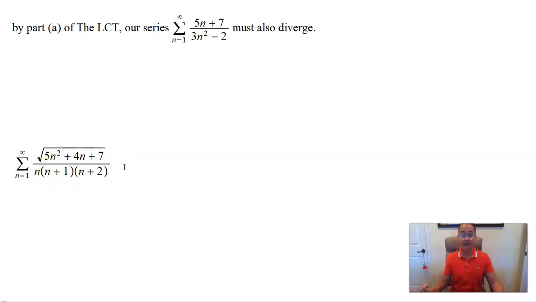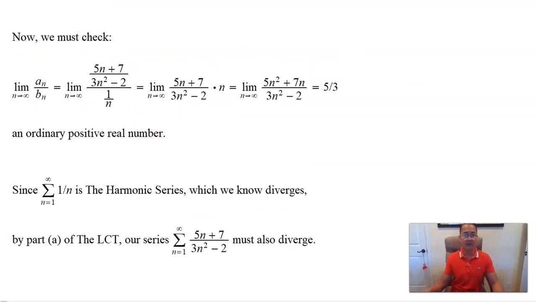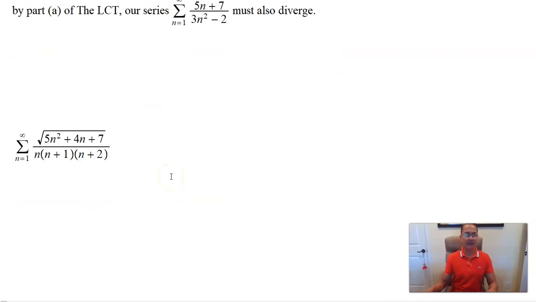But that's why we have the LCT. As we saw in our last example, if you just know a little bit of algebra and some basic limit laws, you can easily find that limit. So again, this will be our a sub n, this ugly thing.